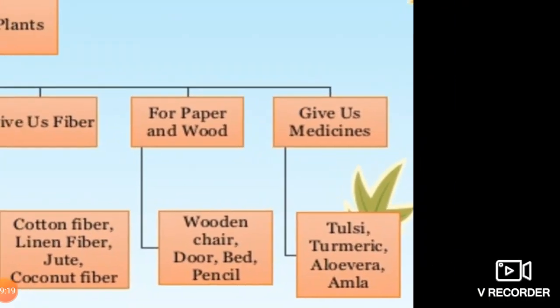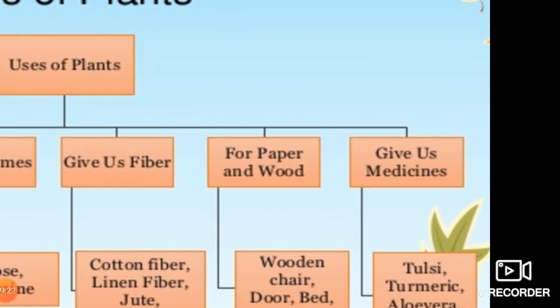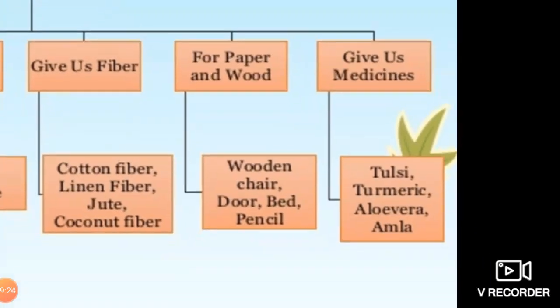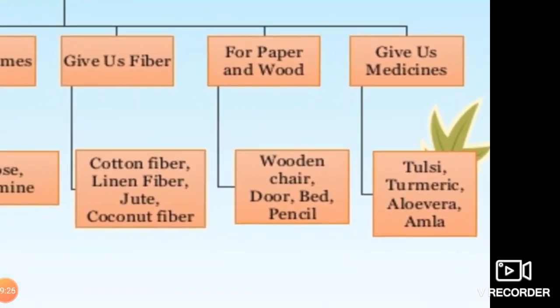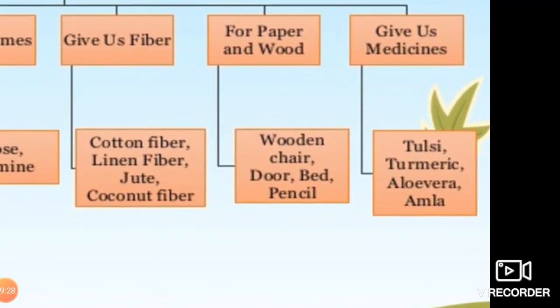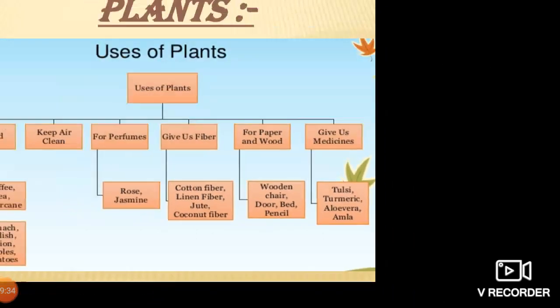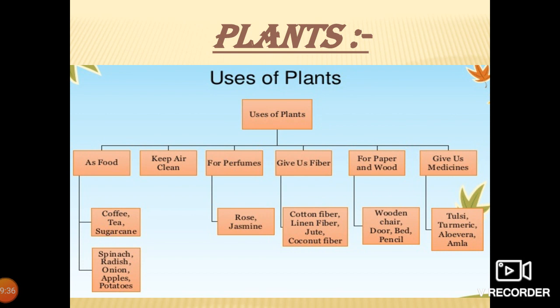The next is give us medicine. Some plants are very useful and they give us different medicines like tulsi, turmeric, aloe vera and amla. So these are the uses of plants. This is the flow chart of uses of plants.